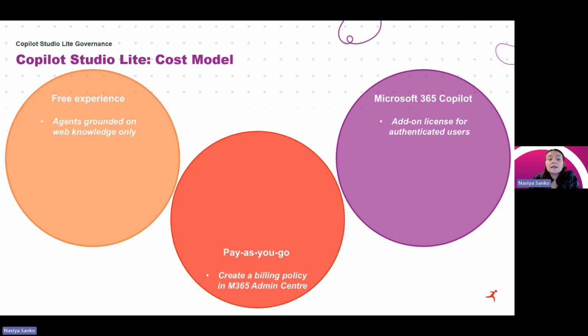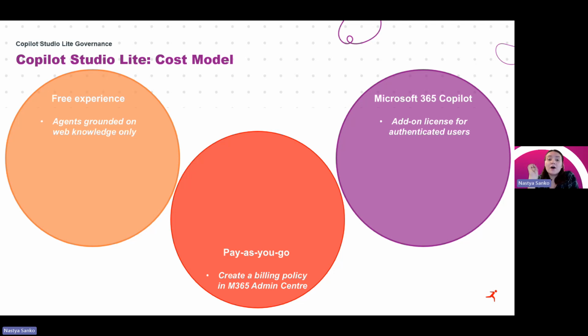But the only downside of the free experience is that agents are going to be grounded in web knowledge only. So you can't build and use agents that are grounded, for example, in your tenant data, like SharePoint sites or OneDrive documents or Teams channels, etc.